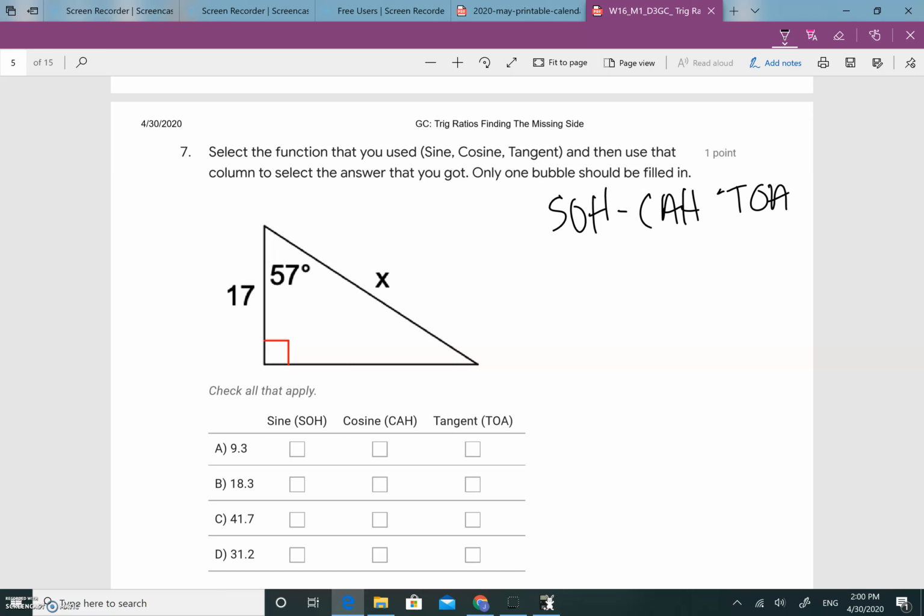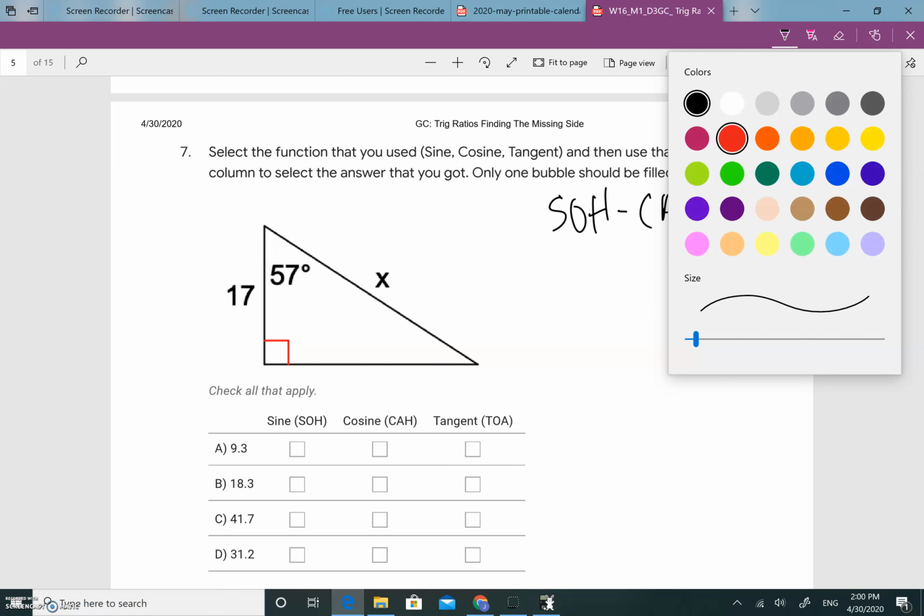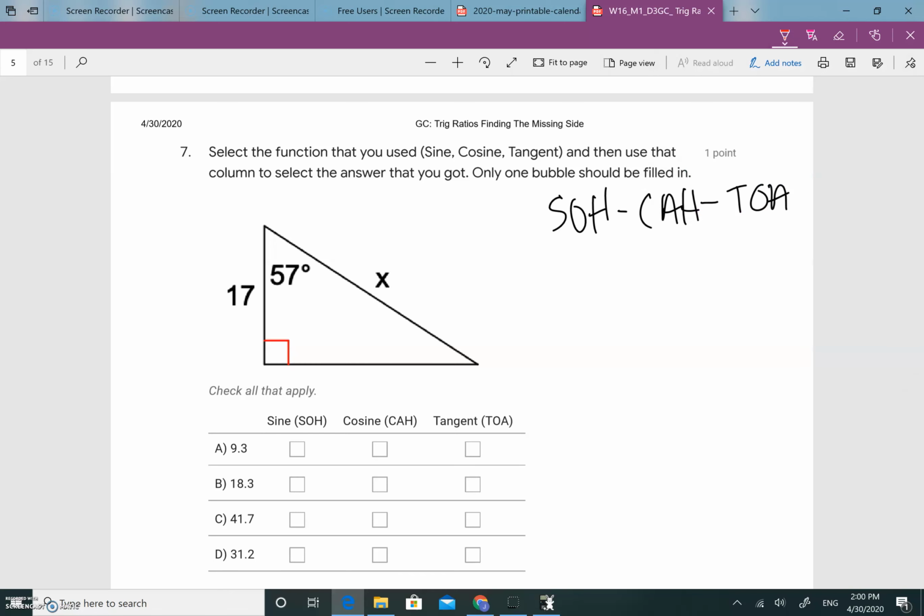And now you have to figure out, well, first of all, let's figure out the hypotenuse first. So which one's the hypotenuse? Is that going to be this one, or this one? Well, it's the one that's opposite to the 90-degree angle, right? So opposite to this, so that will be this one. So that's the hypotenuse.